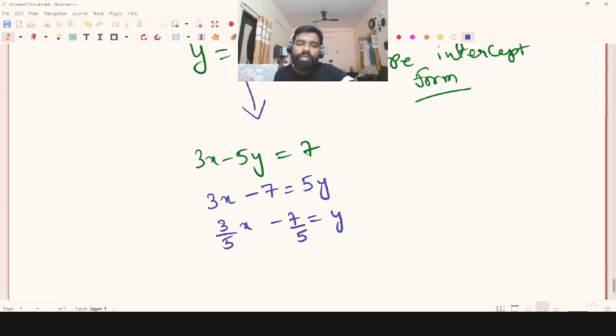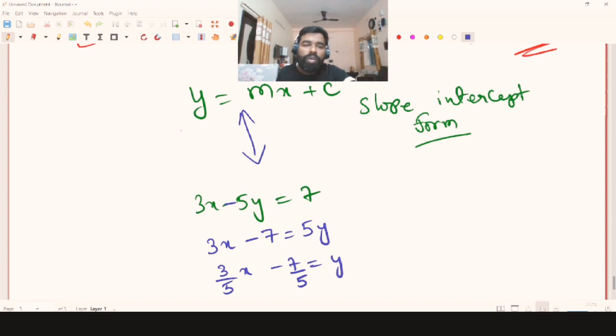What you have done is take 5y outside, because y has a negative sign, so to make it positive I have taken this out. In intercept form there is only y, so y should be alone.